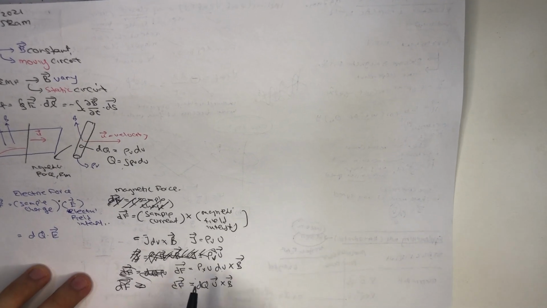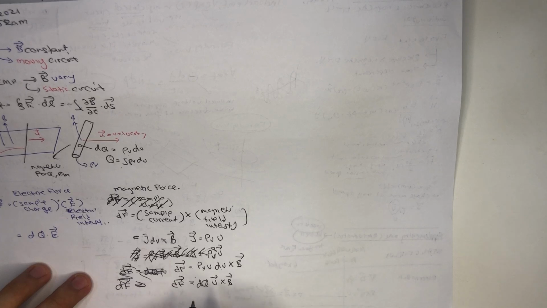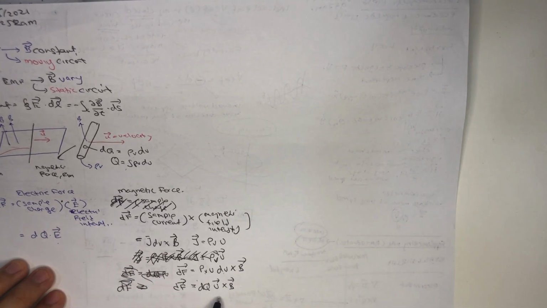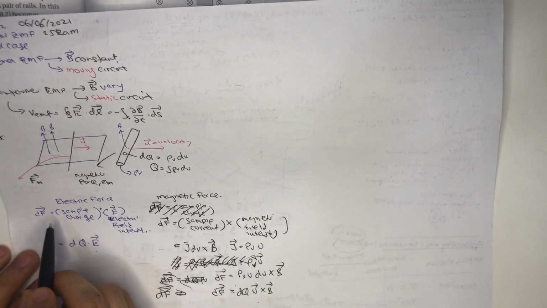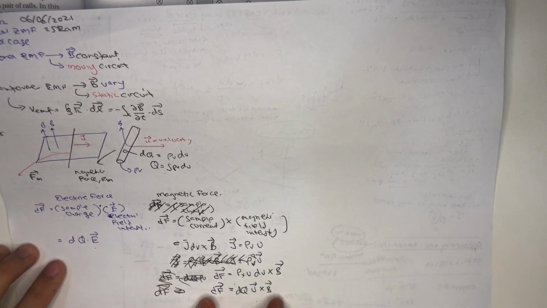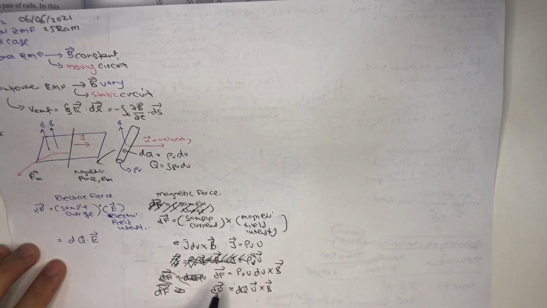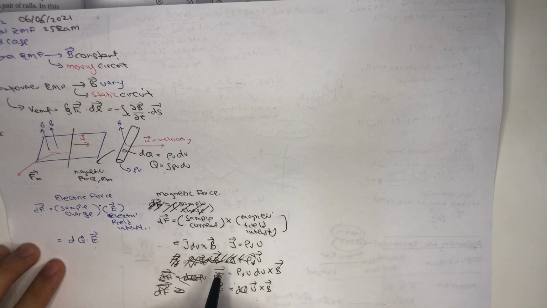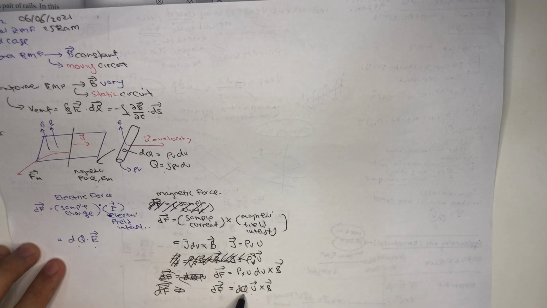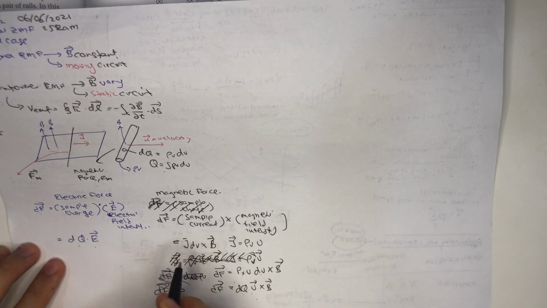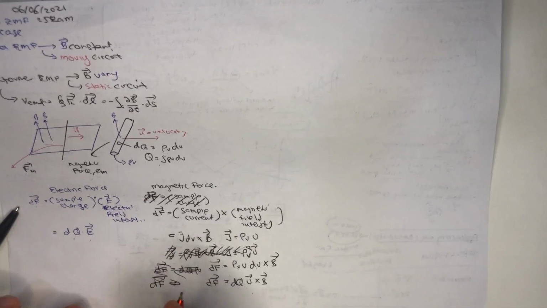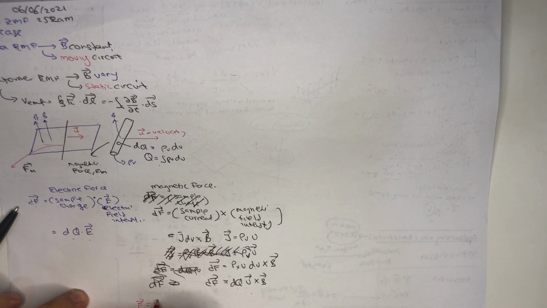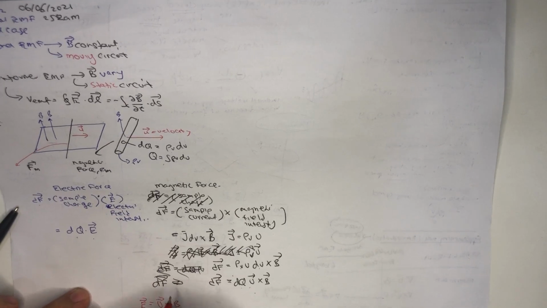And then if you see the relation between E and uB, if you compare this equation and this equation, you will see that there is a bit of similarity there: dF, dq, and you can see that E is u cross B.